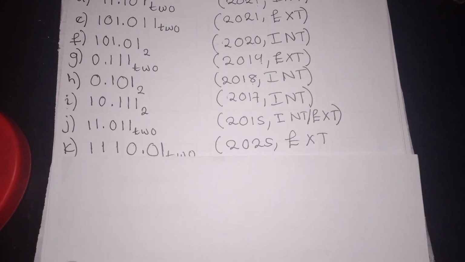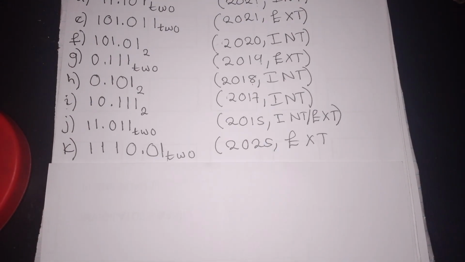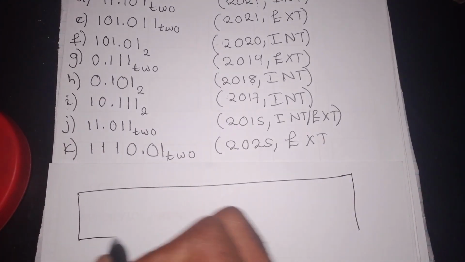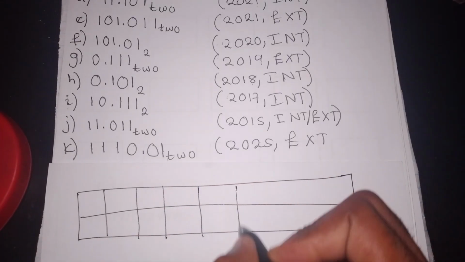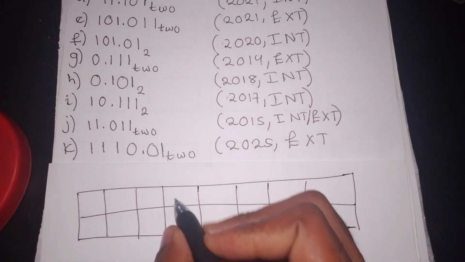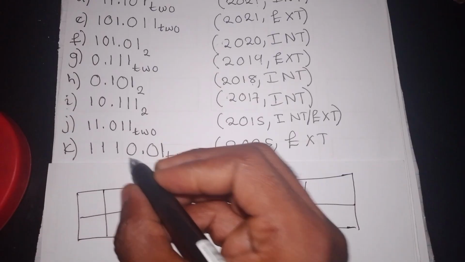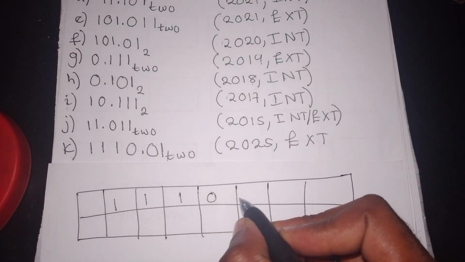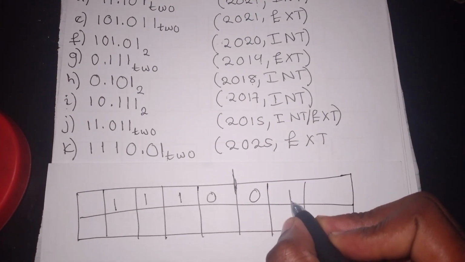So basically what you need to do to convert any number from base 2 to base 10 is you can make a table like this. It doesn't really need to be this big. You can write your numbers here: 0, then 1, 1, 1, and then the decimal point here, and then 0, 1.